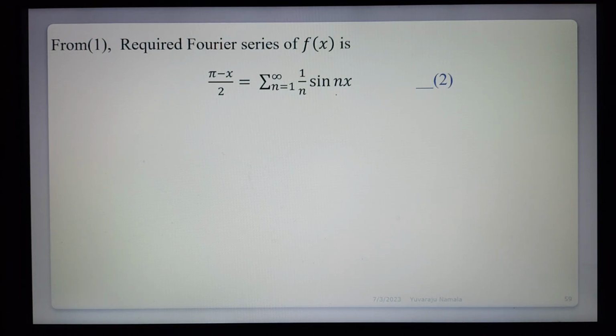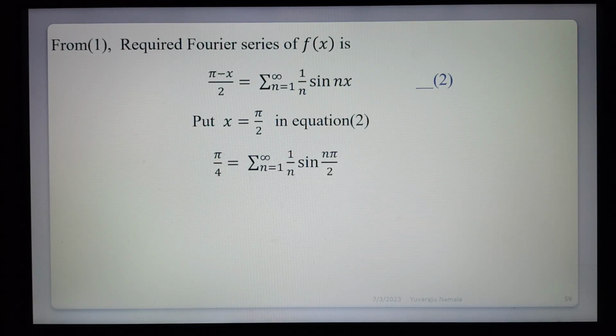Now using this series we have to show the given condition, substituting x equal to pi by 2 here. So x equal to pi by 2 in the above series gives 5 by 2 minus pi by 4, that is equal to the summation from n equal to 1 to infinity of 1 by n into sin n pi by 2.